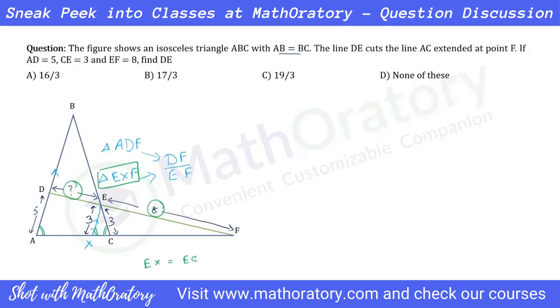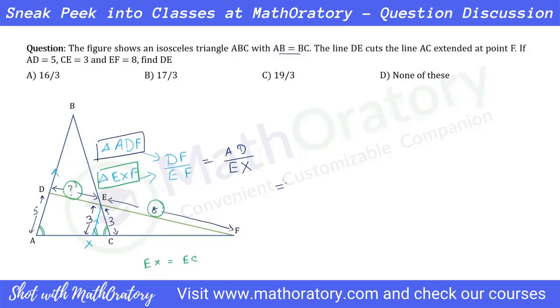Now also about these two triangles, ADF and EXF, for ADF, if you take AD and for EXF, if you take EX, these would also be corresponding sides in these two similar triangles. So effectively, these two should have the same ratio. Now we can easily solve it, right? EF is known to us, this is 8, AD is 5, and EX is 3.